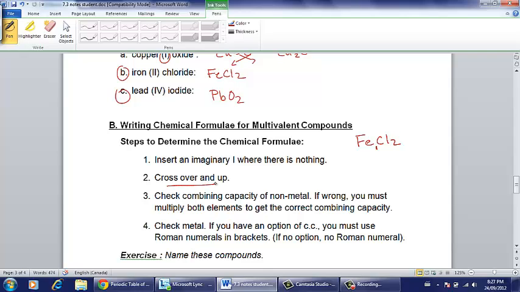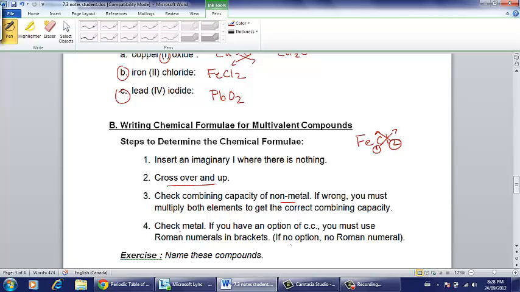Then you would cross over and up, so the 1 must have come from the chlorine. The 2 must have come from the iron. We check the combining capacity of the nonmetal. If it's wrong, then that means that we must have reduced, so we would have to multiply. And then you would check the metal.